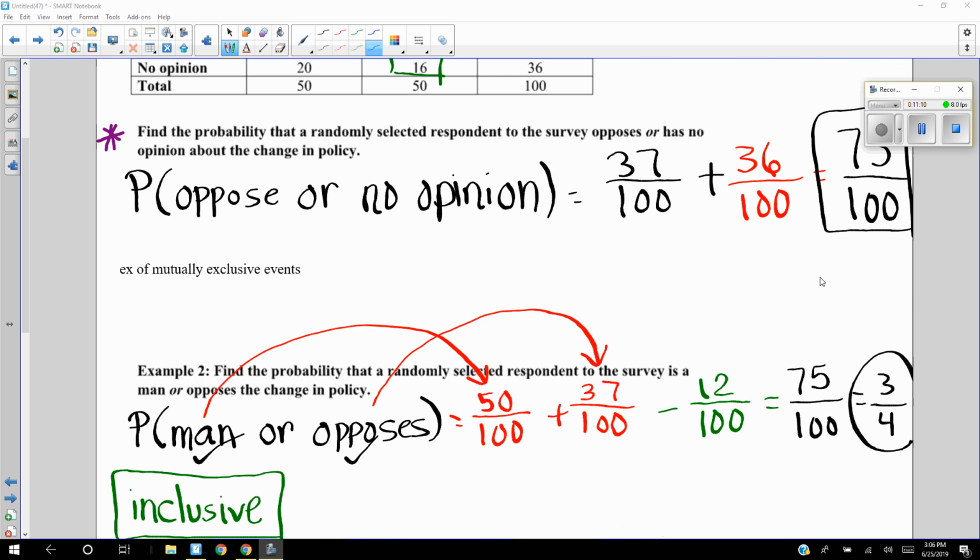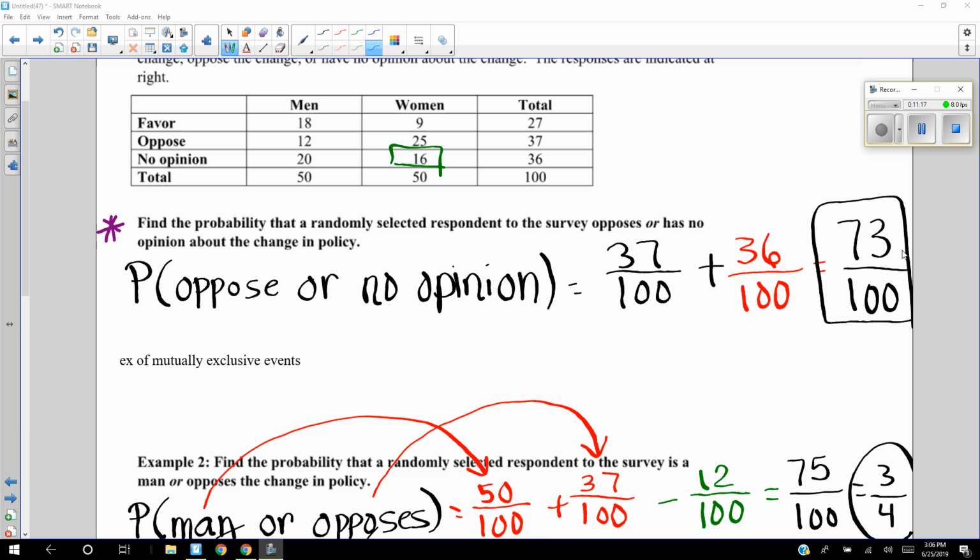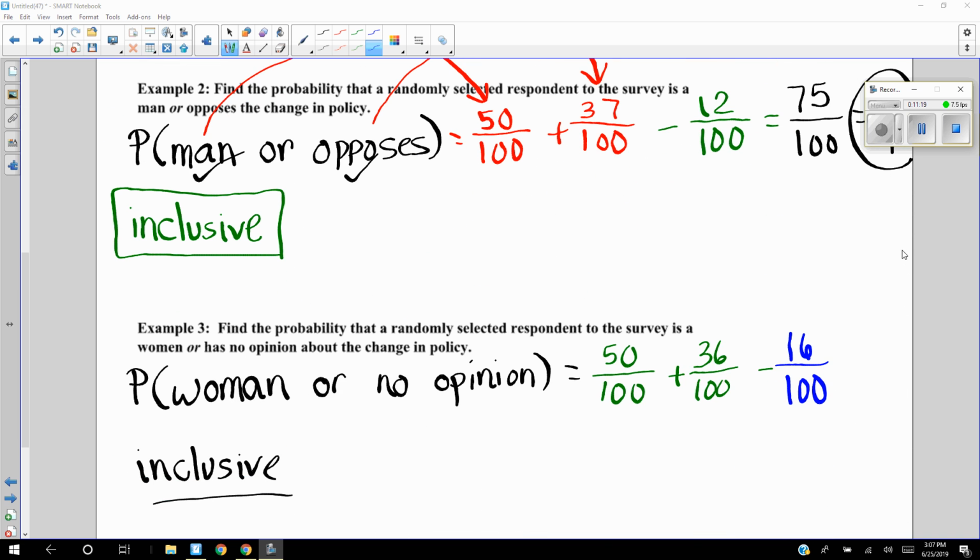And then we look up here at the table. Women that have no opinion about public policy, there are 16 of them. So that's where the minus 16 out of 100 is coming from. If the math is right, the total probability is 70 out of 100, which reduces to 7 out of 10.